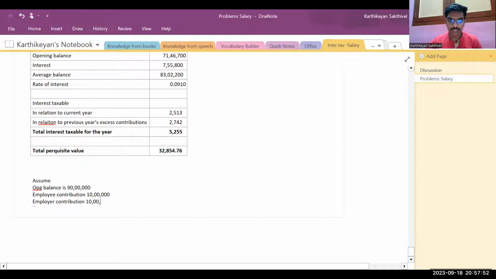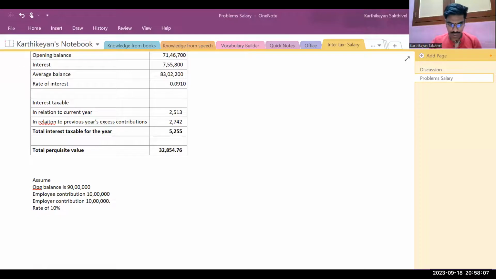Employer contribution 10 lakhs. Rate of interest, I'm just taking the rate of interest to be 10%. So இப்போ எவ்வளவு amount is taxable under point number 3? இதுதானே ஒரு question. அந்த பாயிண்ட்ல எவ்வளவு டாக்ஸ் பண்ணணும்ன்றது question.